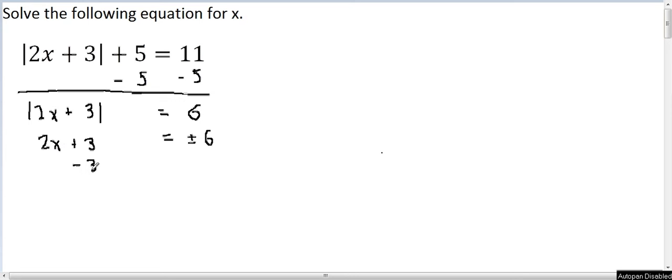We subtract 3 from both sides of the equation. Then we can divide both sides of the equation by 2.